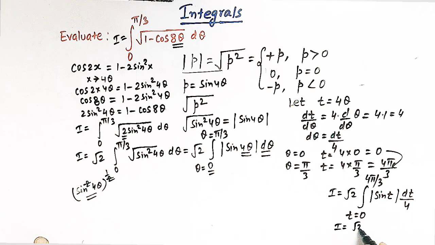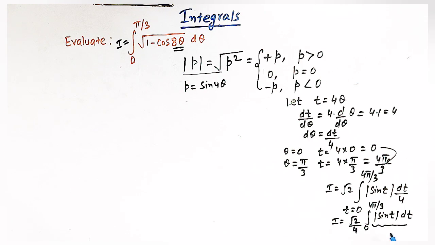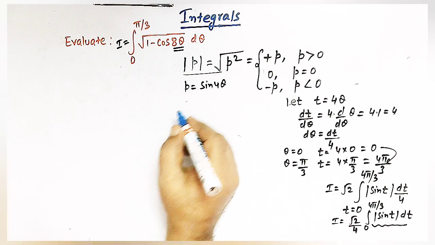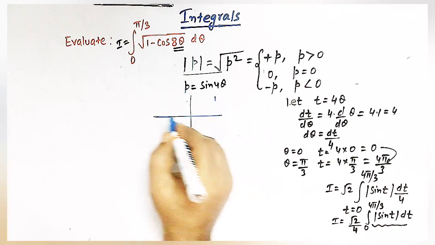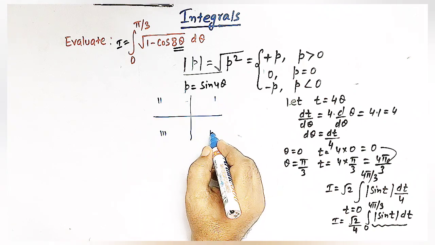So we have square root of 2 over 4, integral from 0 to 4 pi by 3 of mod of sine t dt. Now in the next step, we have to evaluate this integral. And before evaluating this integral, let us see the sign convention for the sine function, because here we have mod of sine t. So let us draw the quadrants here. So we have first quadrant, this is second, this is third, and this is fourth.